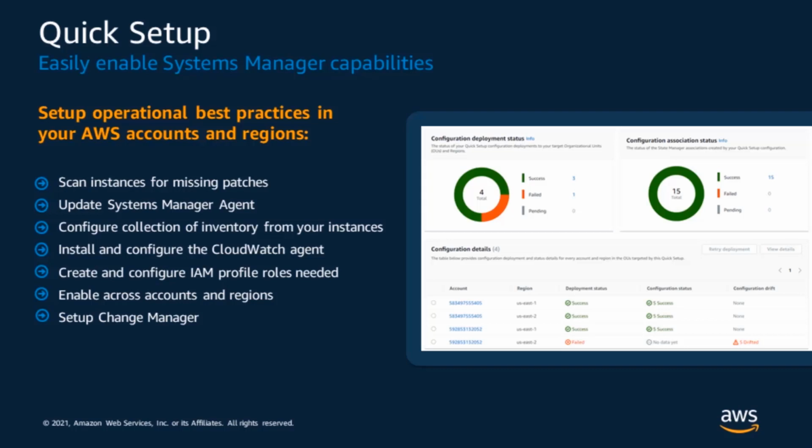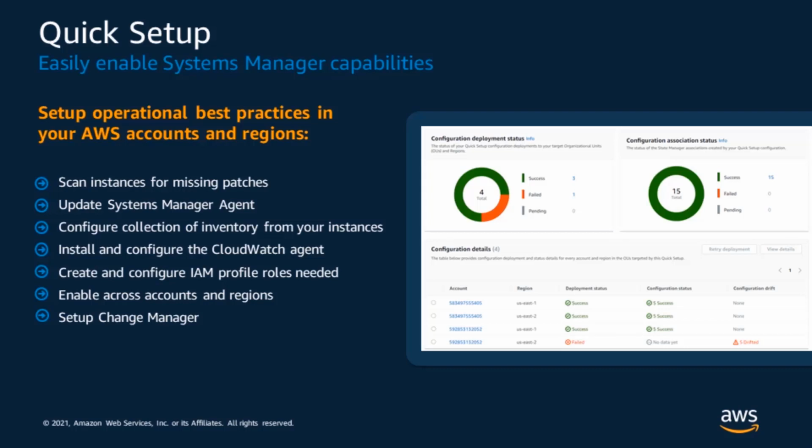It's going to update your Systems Manager agent, and that's going to be important for you to be able to actually communicate with the systems. Right now, we install agents for all of our monitoring and things that we do, and Systems Manager is no different. It comes with an agent, and that's going to allow for the collection of inventory for all of your instances. It also can allow you to install and configure your CloudWatch agent, which we'll see as well in our demo. You can create and configure IAM profile roles too.